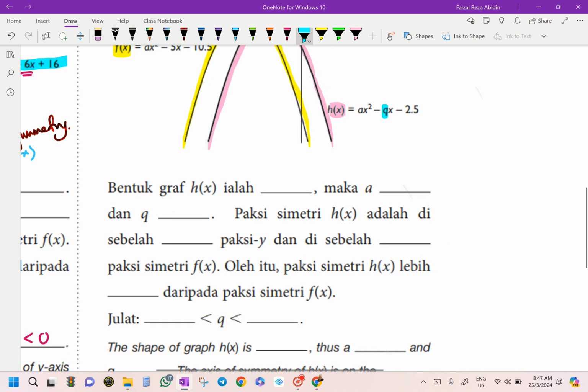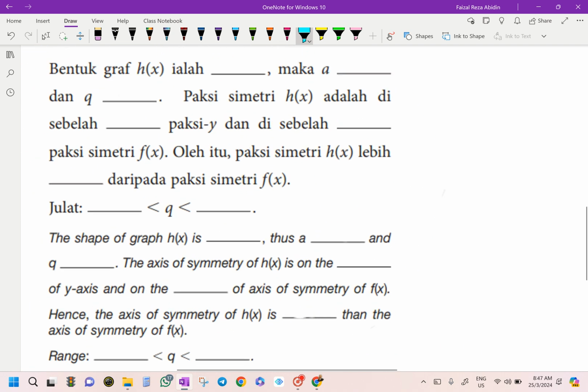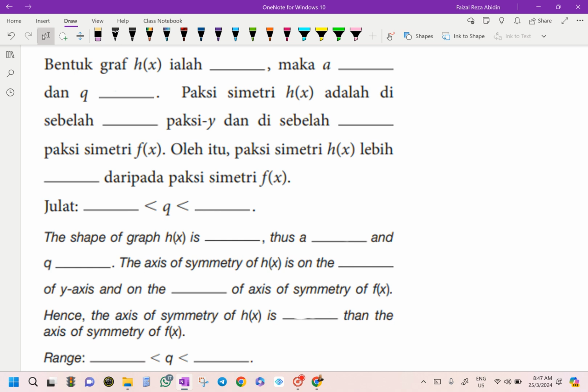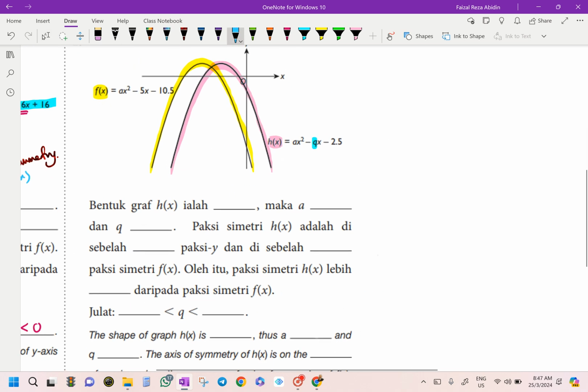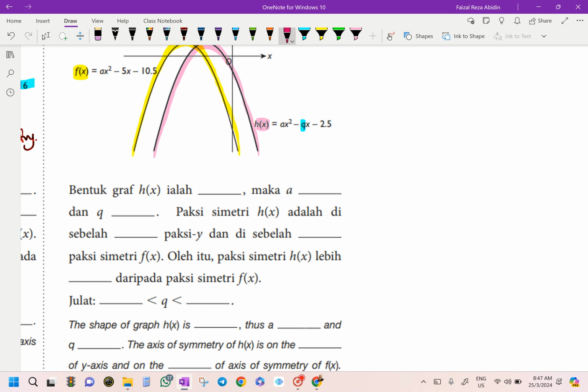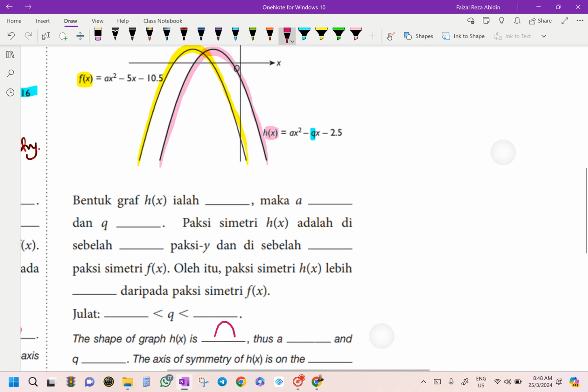Okay, so first thing first, if you look over here, the shape of graph hx is going to be apa? Set phase. So you are going to state this one is like this. Thus, what about A and Q? A is going to be this one and this one.